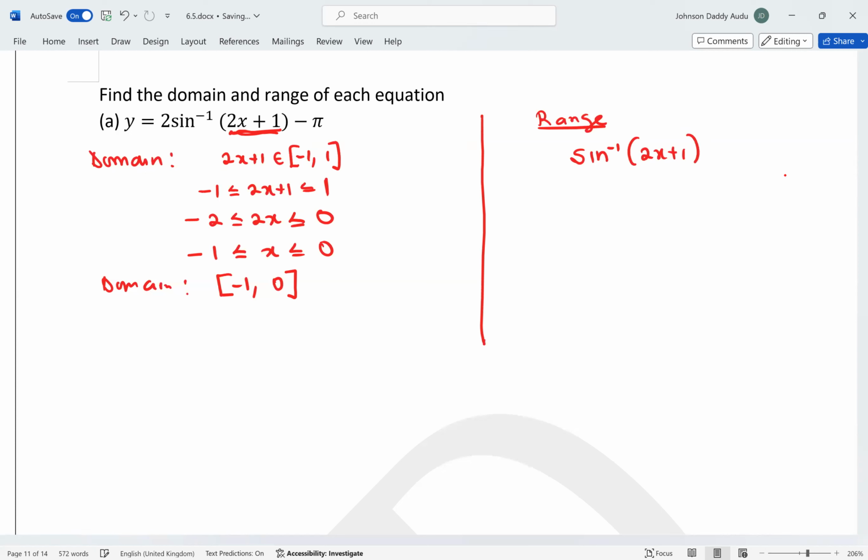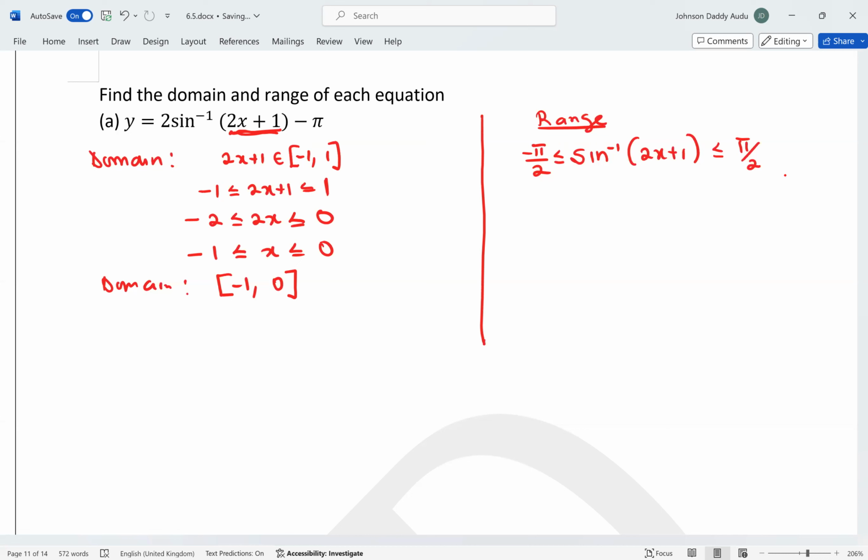No matter what the input is, the range of this is going to be between minus pi over 2 and pi over 2. This is always true, but the x must come from the domain. So if you take any x from minus 1 to 0 and substitute it here, the output will be between minus pi over 2 and pi over 2.